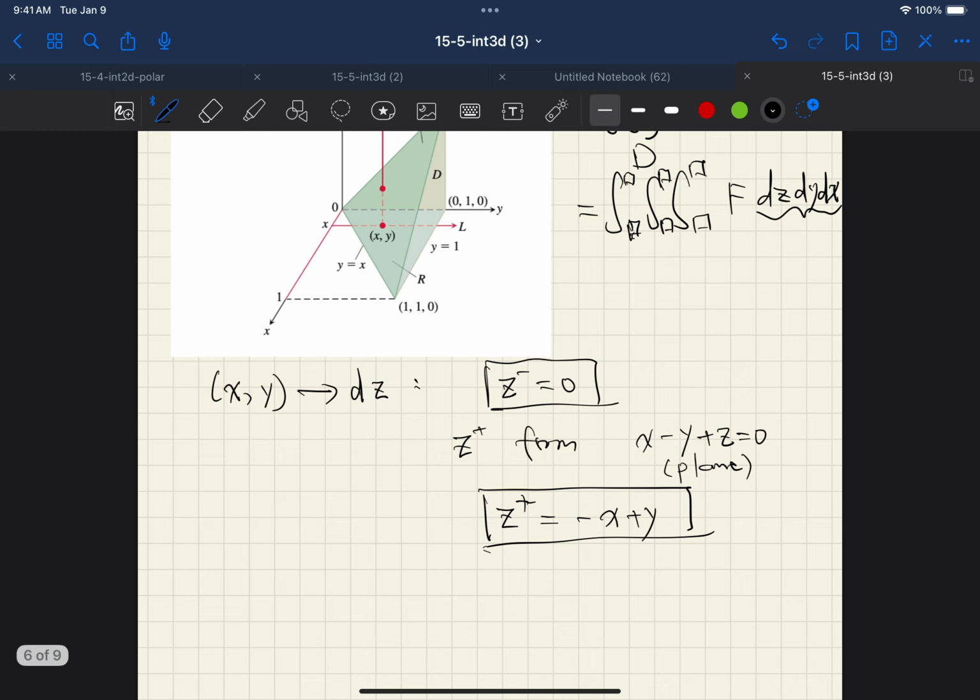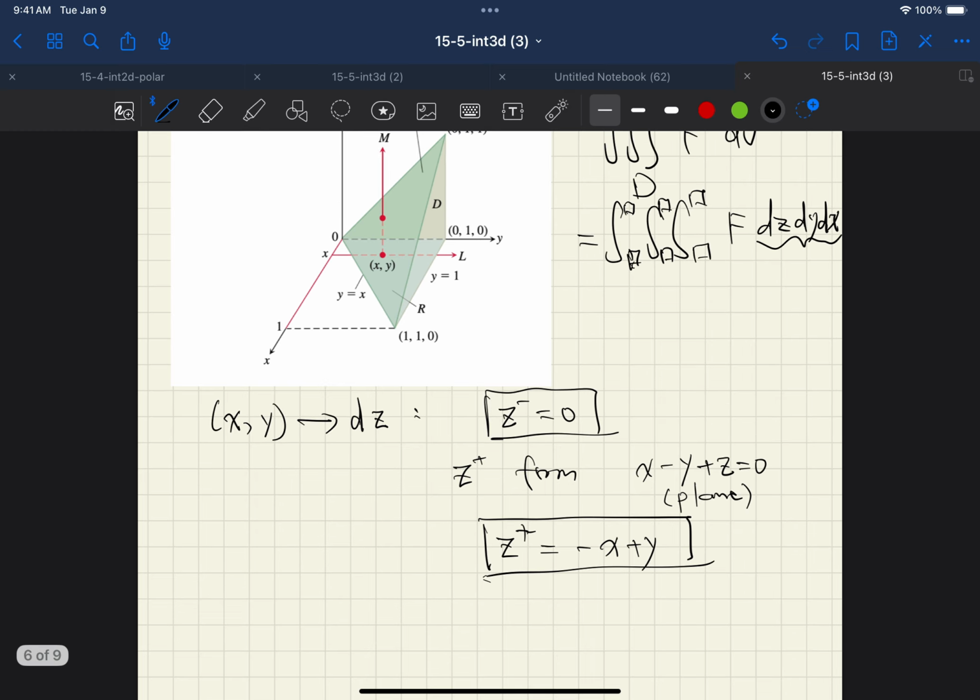Now we want to look at dy. In this case, x is outside the integral, so x is given. If x is given, can you look at the range of y? That's what it means. Instead of looking at this 3D object, you're just focusing on x and y, the xy plane.